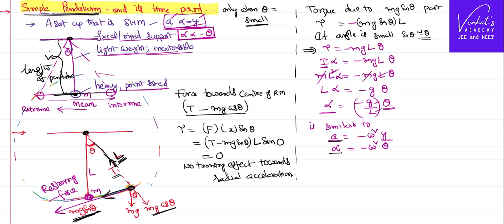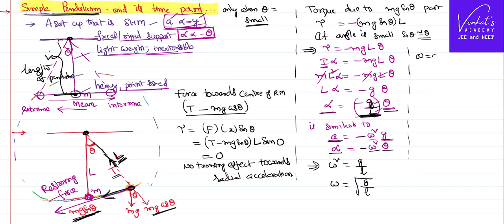In the place of displacement, we have angular displacement. Minus and minus are there. So what is there in the place of omega square is g by L. From this we can say alpha equal to minus omega square into theta, where omega square is g by L, and L is the length of the pendulum. So omega equals square root of g by L.